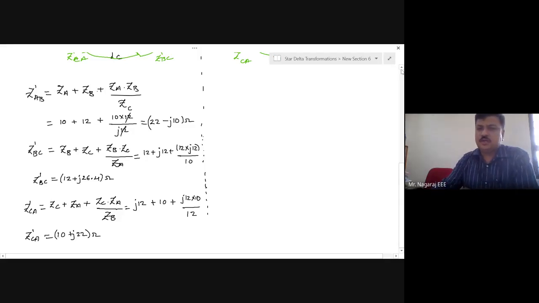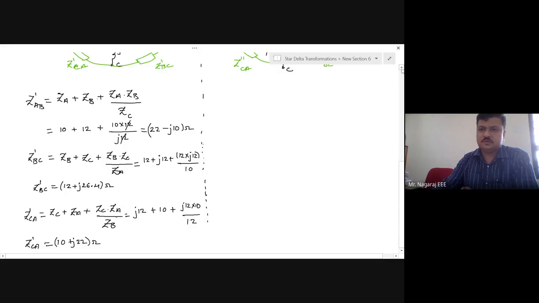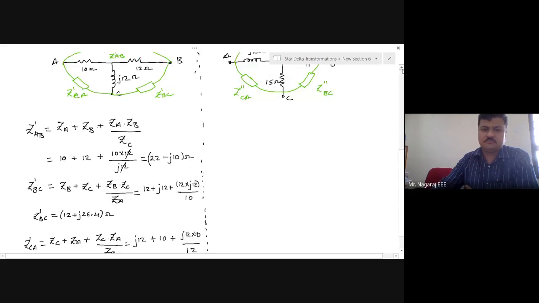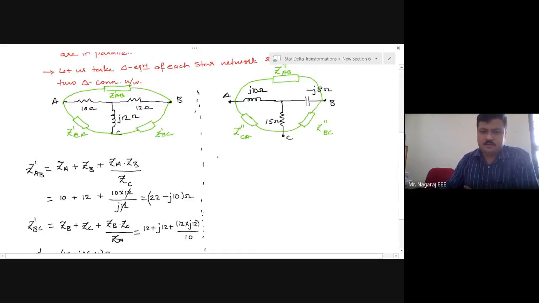Now, doing the same thing in the other conversion, ZAB double dash. Shall I directly substitute? I will not use the formula. Okay, the same formula gets applied here. So ZAB double dash, ZA plus ZB plus ZA into ZB by ZC.